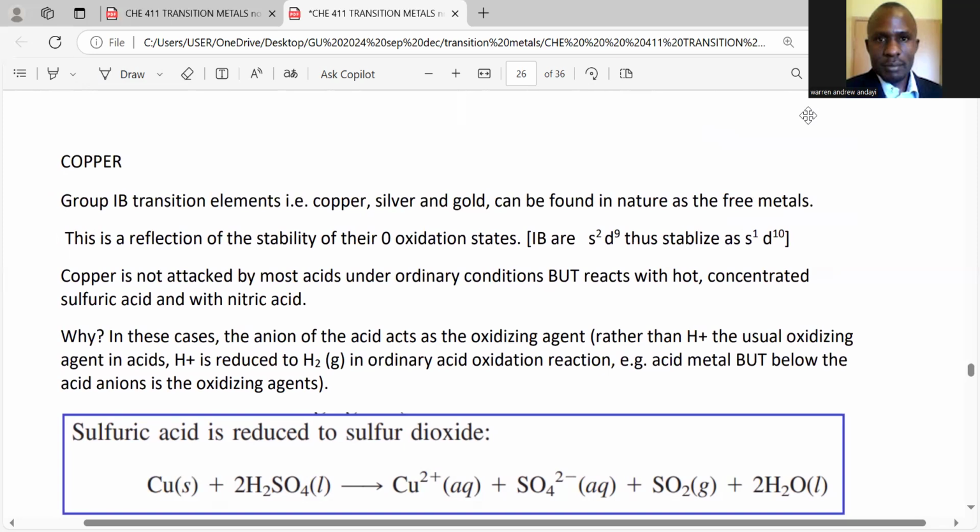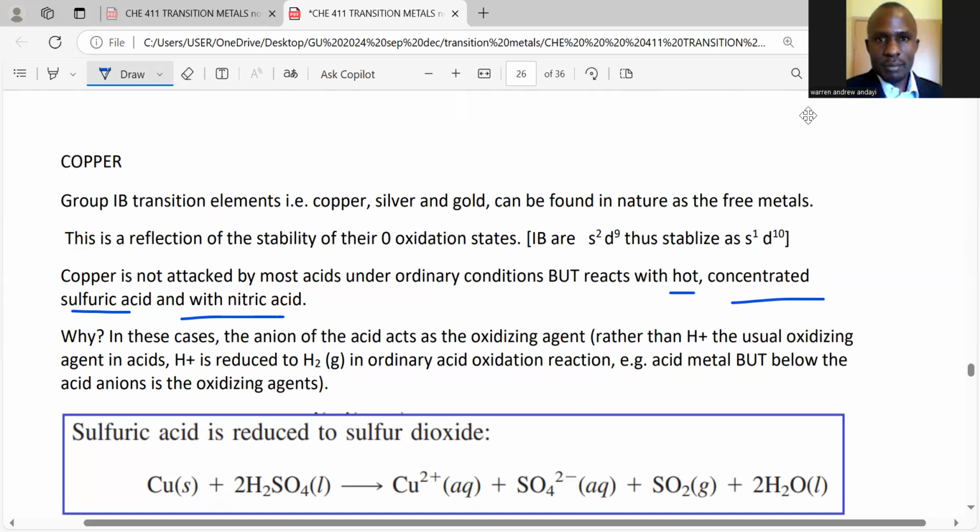Copper is not attacked by most acids under ordinary conditions, but reacts with hot, concentrated sulfuric acid or hot, concentrated nitric acid. Why? In these cases, the anion of the acid now acts as the oxidizing agent rather than H plus, the usual oxidizing agent in acids.